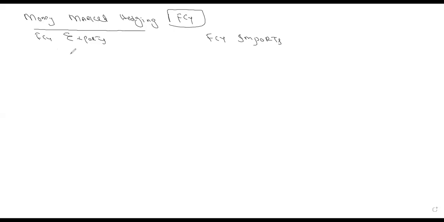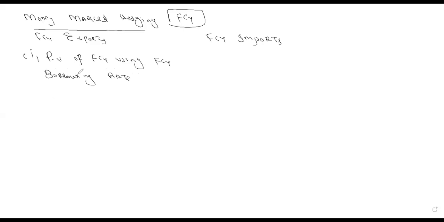Now, if you have foreign currency exports, the first step is you have to calculate the present value of foreign currency using the foreign currency borrowing rate. This is the first step.